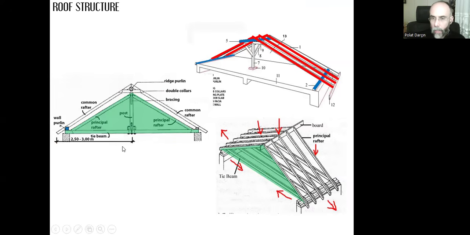And above the truss, we place the wall purlin, another wall purlin on this end, and the ridge purlin. And above the purlins, we place our rafters, same rafters.